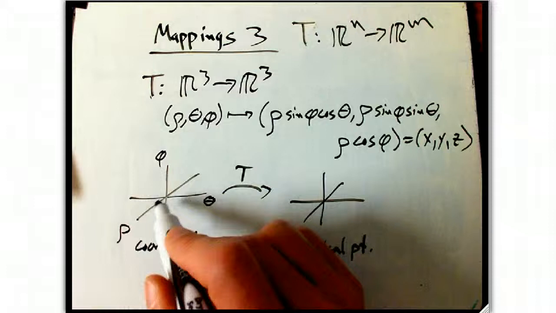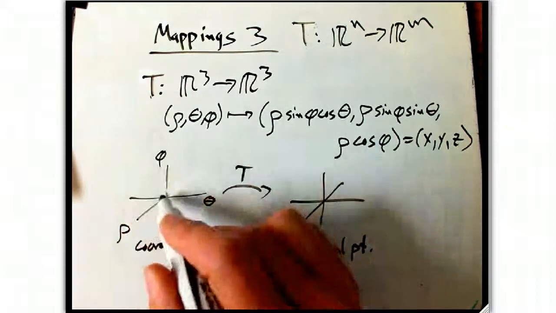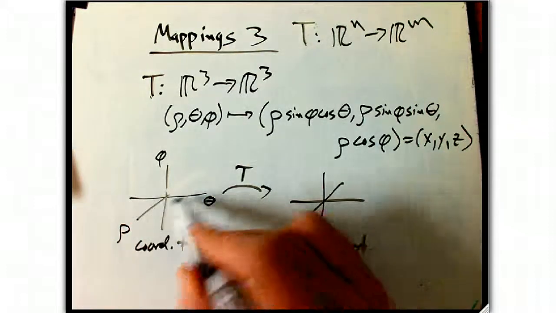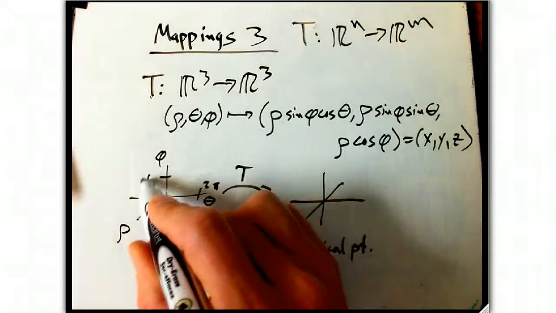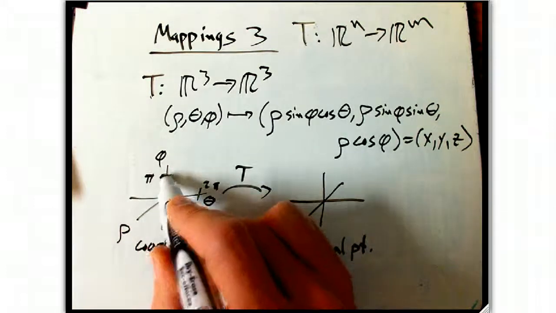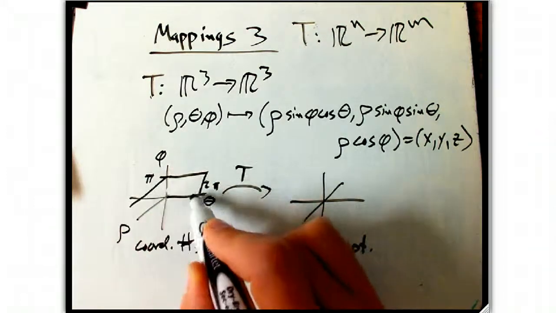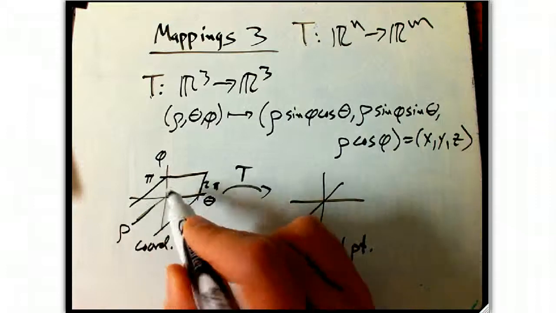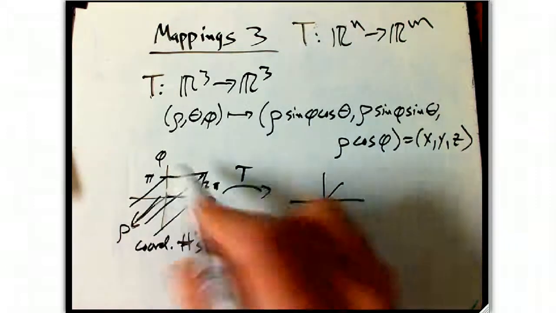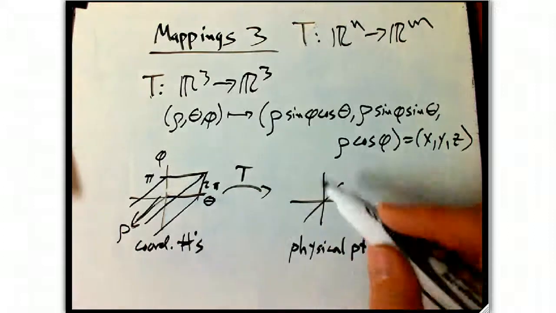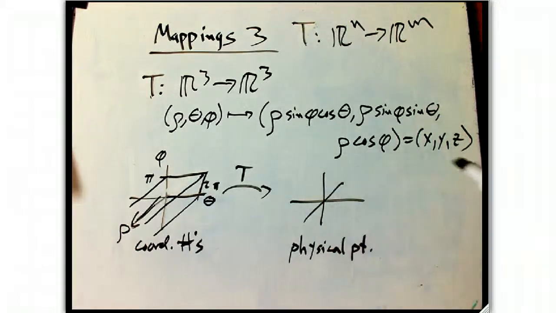Remember, rho is never going to be negative. Theta only goes from 0 to 2 pi, and phi only goes up to pi. So it's going to be kind of this box-like region going off infinitely far in rho, but finite in both theta and phi. And that's going to map to three-dimensional space.